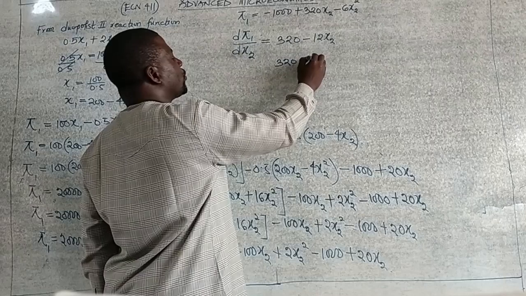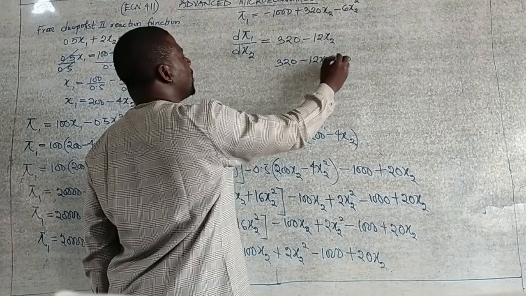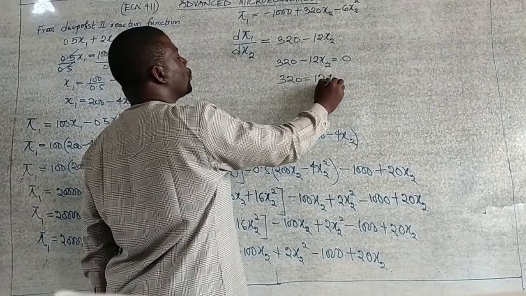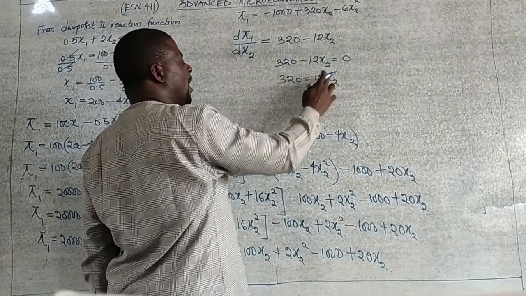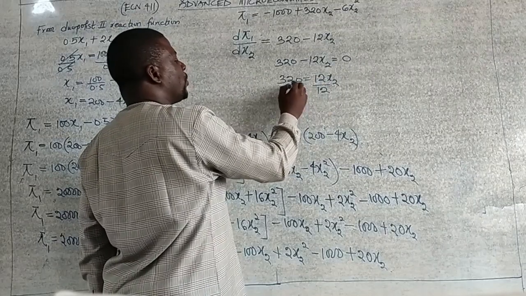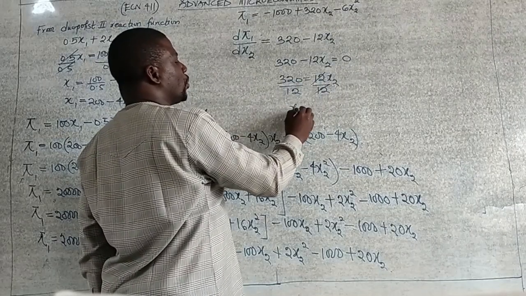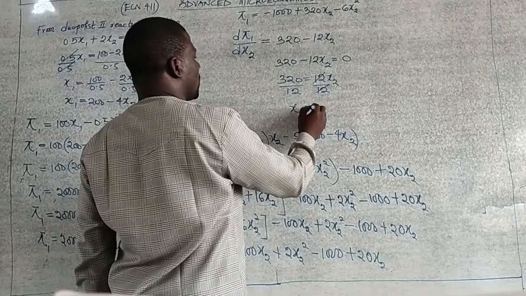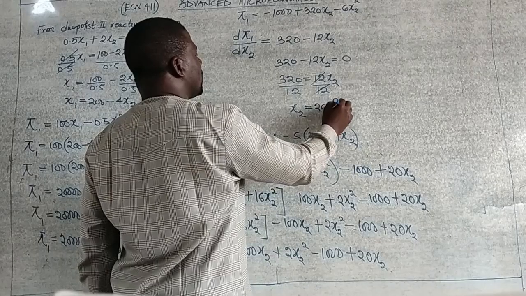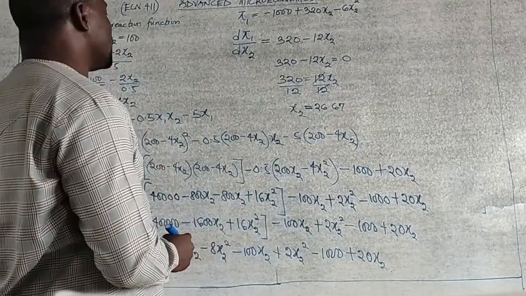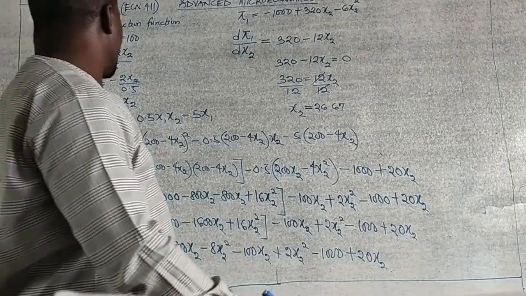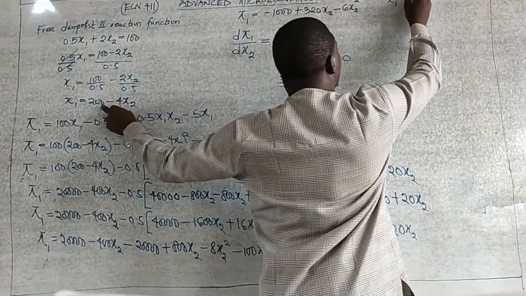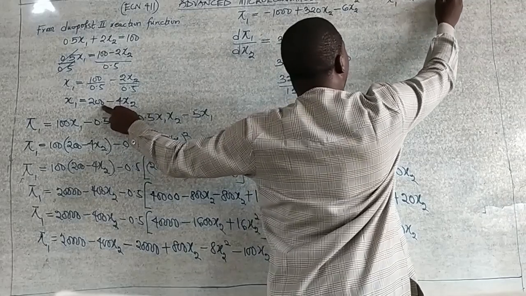So here, equate this to 0. 320 minus 12x2 equals 0. So this is like saying 320 equals 12x2. Divide both sides by 12. So your x2 is going to be 26.67. So if I have gotten my x2 as 26.67, I can get my x1. From here, my x1 is 200 minus 4x2.